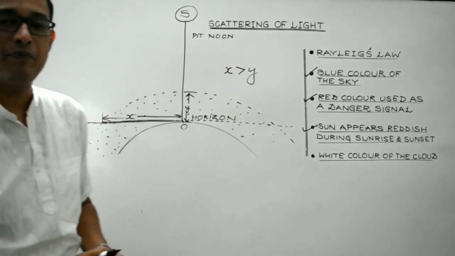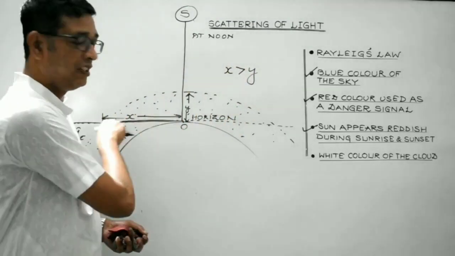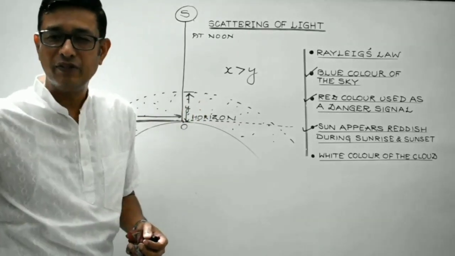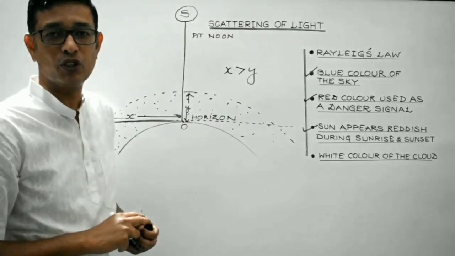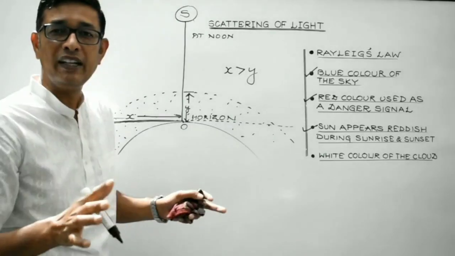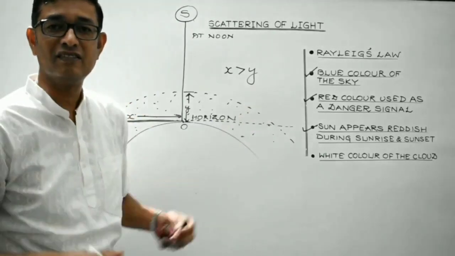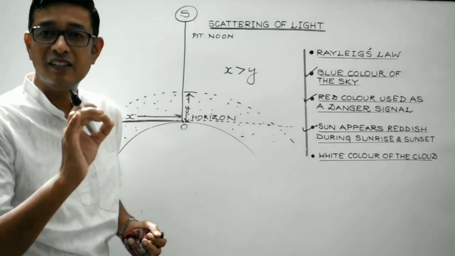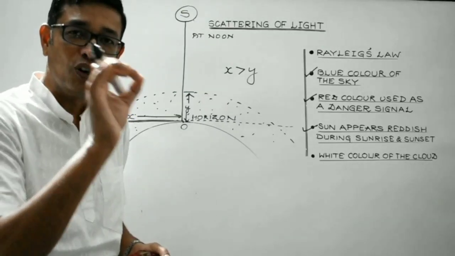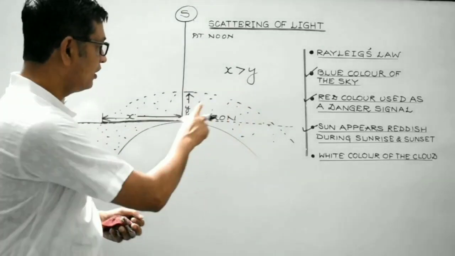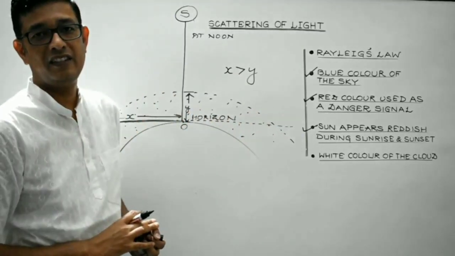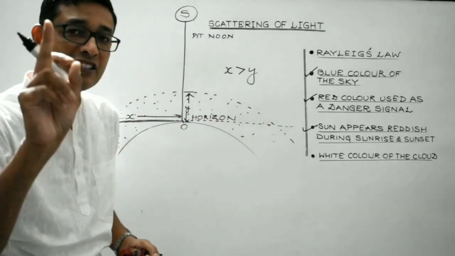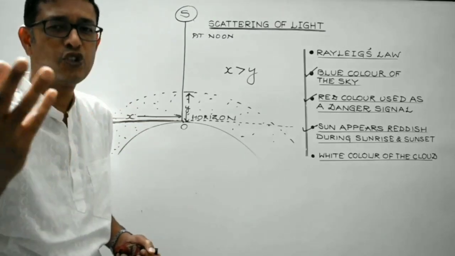So students, what happens is, when the light has to traverse a larger distance through the Earth's atmosphere, all the blue light gets scattered away. So only the light of longer wavelength is able to reach the observer's eye, and light of longer wavelength is orange or red.